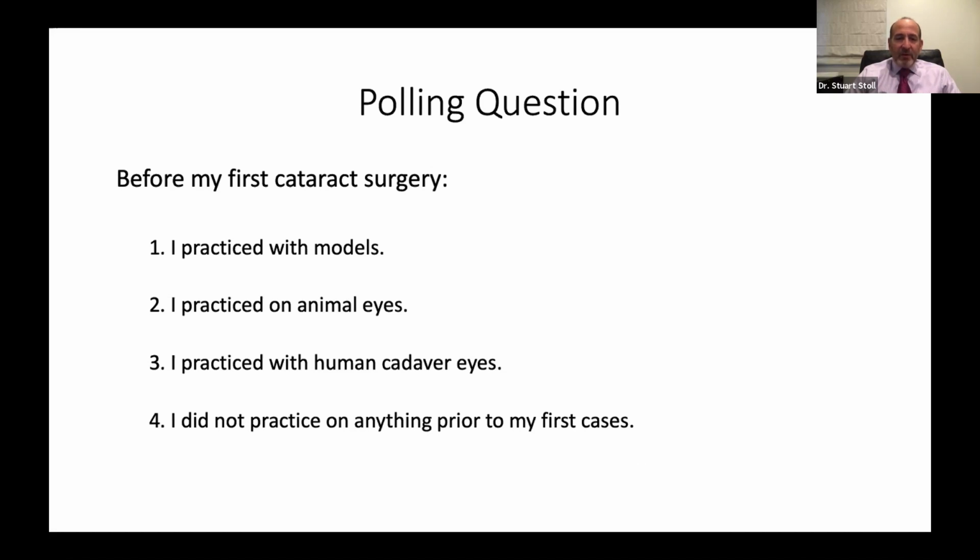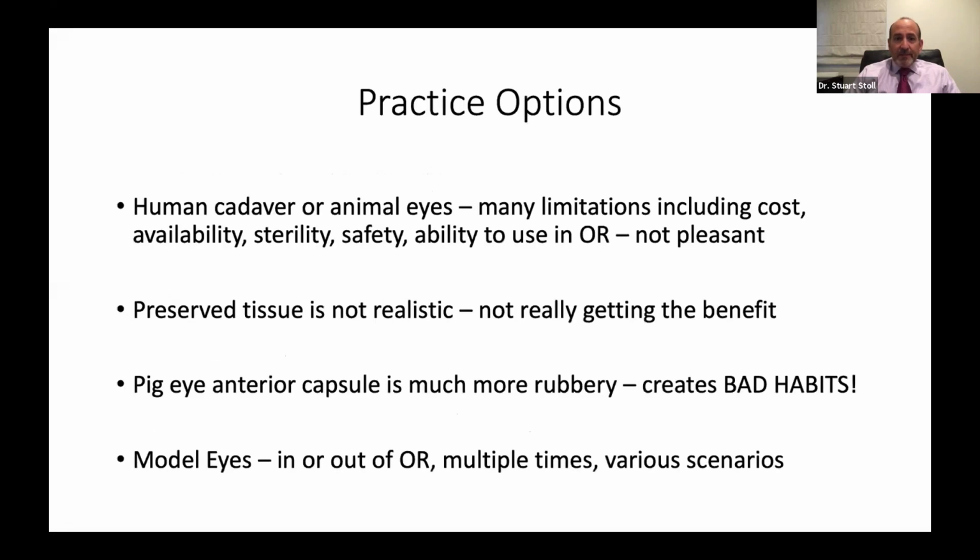Another option we didn't put up here is you could get grapes or tomatoes, and you can practice doing capsulotomies on that, and that will actually work. It's better than nothing. But with models now becoming more and more available, if you don't have access to them yourself, go to your institutions, wherever you're training, and encourage them to say, hey, let's reach out, let's get some models in here, let's build up a better training program for ourselves.